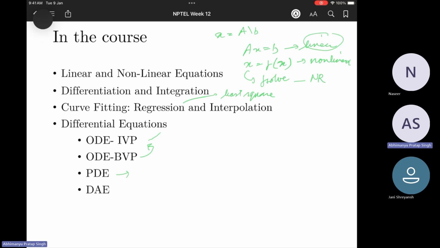Furthermore, we will also be seeing some of these methods in the problems, but if you have some specific doubts regarding these topics, then we can discuss them first. Fine, then I will move forward.